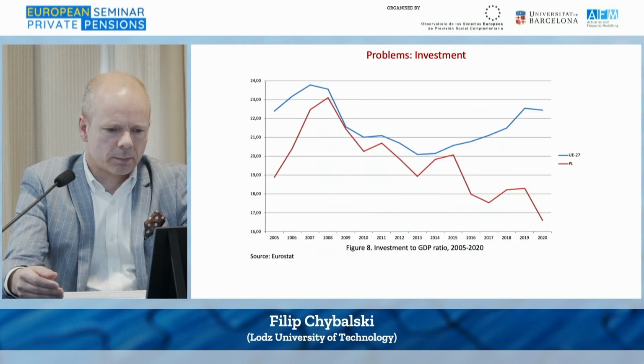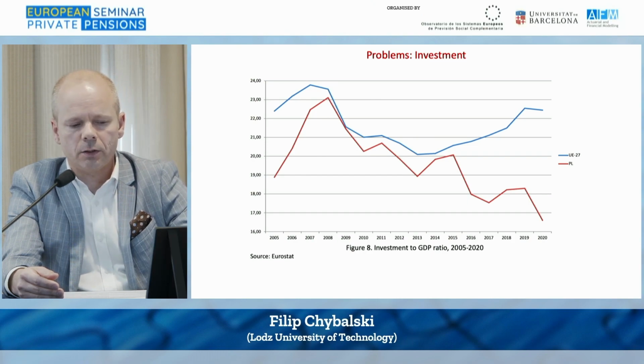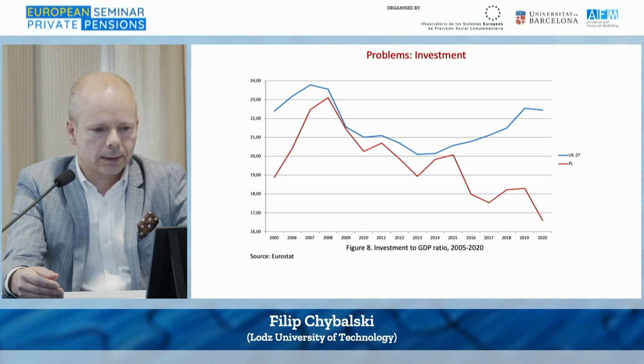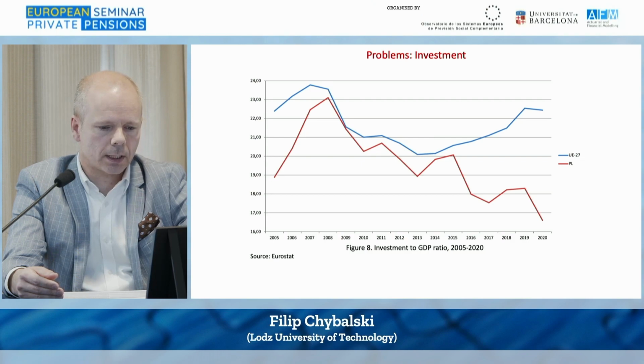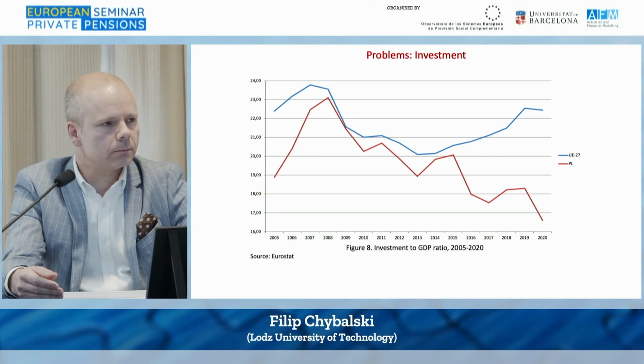This is investment to GDP ratio. Red line is Poland, blue line is European Union. Look at 2013, 2015. So the European Union reported a decrease in investment after the Great Recession. However, it started increasing in 2015.